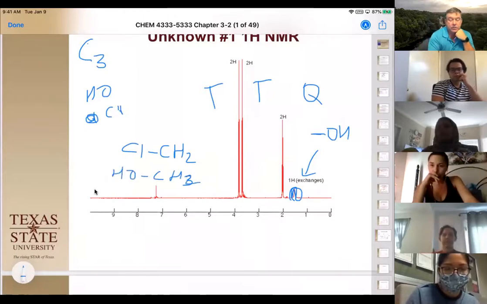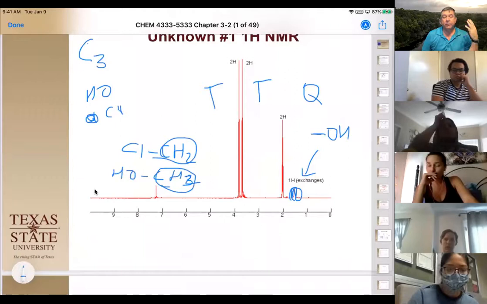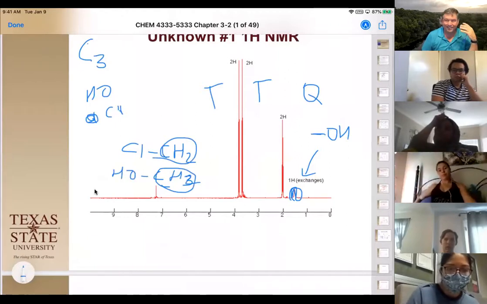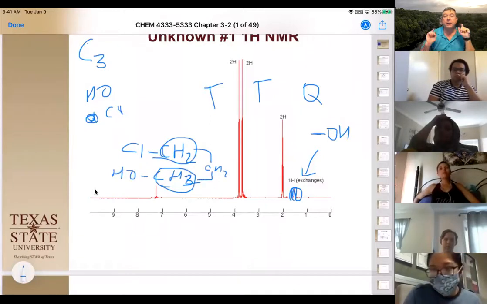That would account for 2 hydrogens and 2 hydrogens. And we need to link them together. We only have one CH2 left, so I think that CH2 has to link these 2 together. But let's do our POPL assignment and see what our splitting should be.